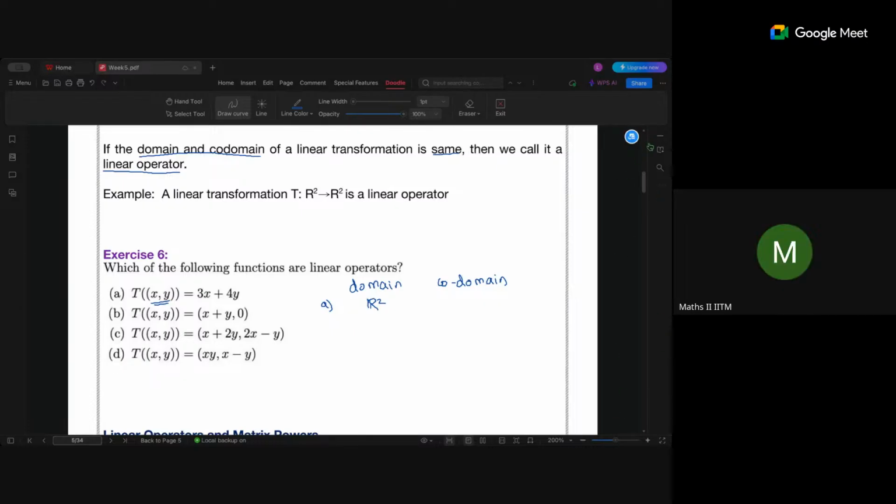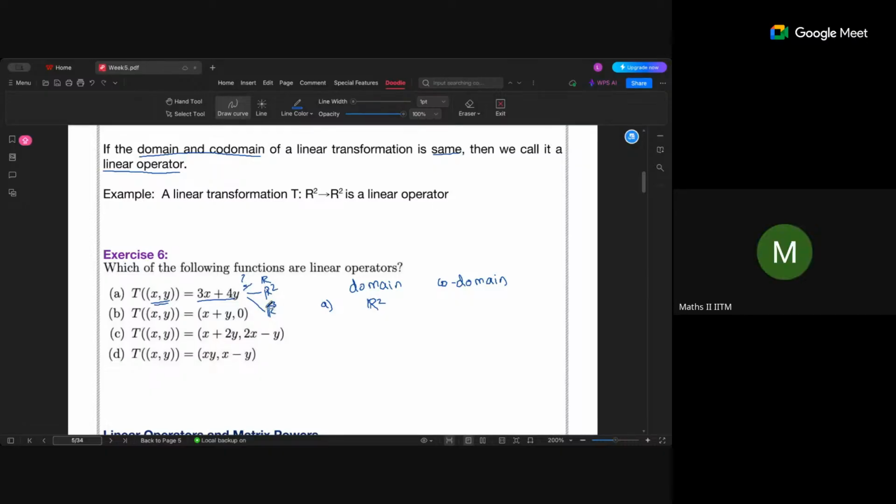I want an answer, at least from anyone. I'm even explicitly asking, is it R, R2, R3 or what? I'm asking what is the codomain. So where does this element belong? R2 means you need two coordinates.